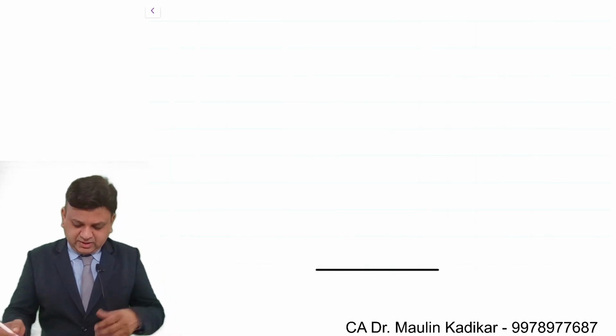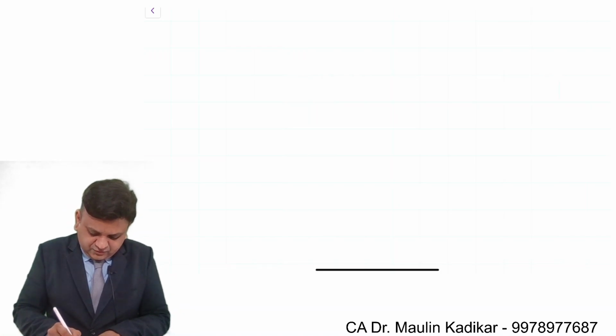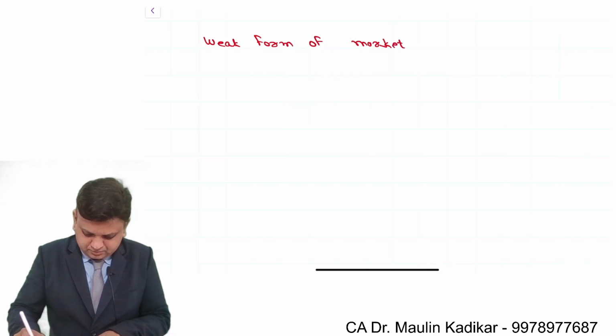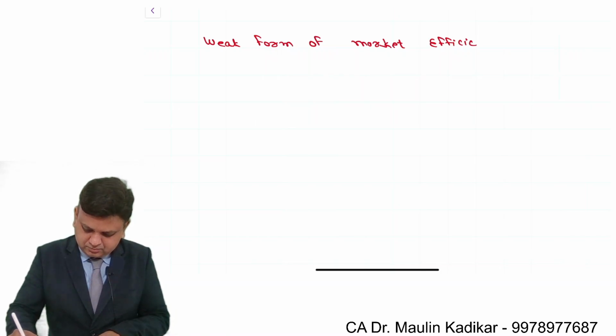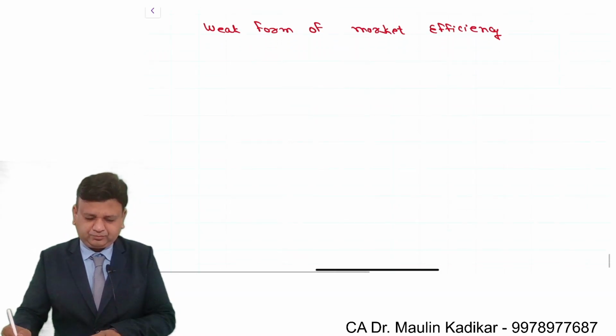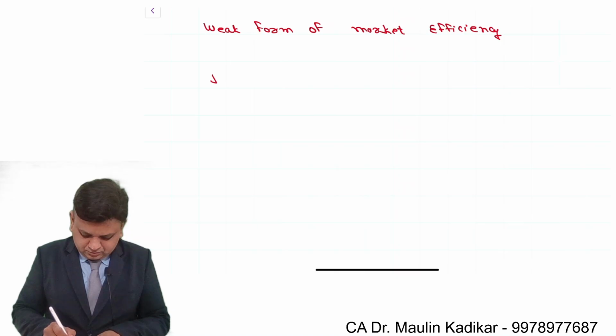Now write down a new heading, weak form of market efficiency. In that, write down run test.